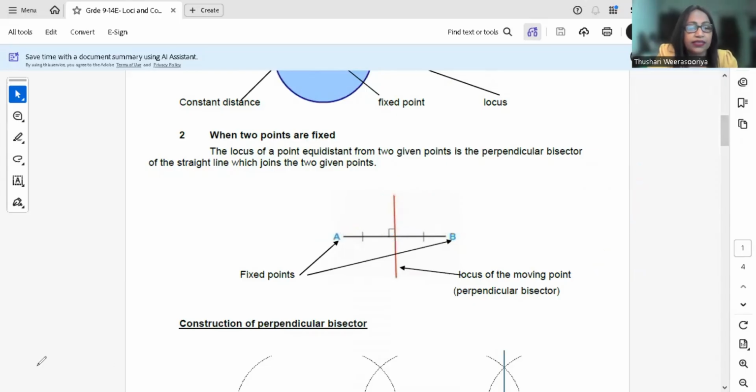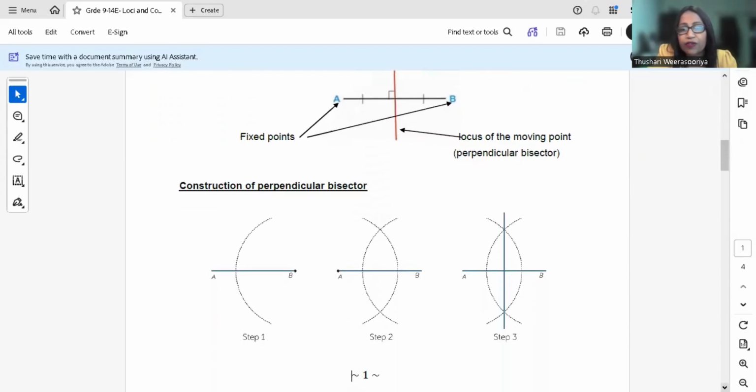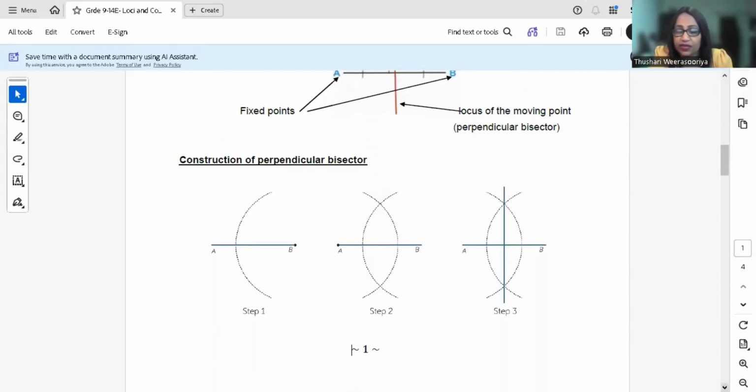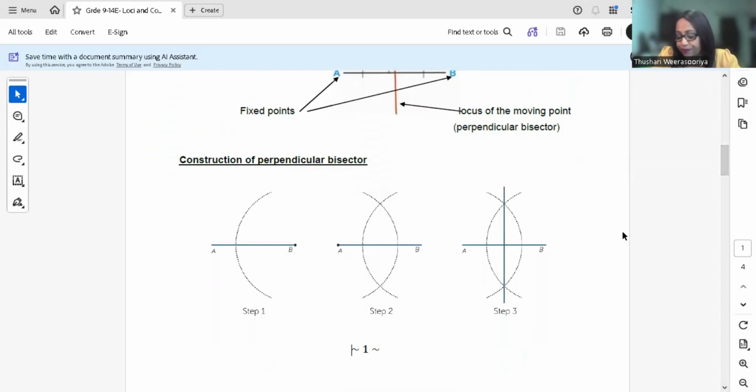Now we'll see how to construct it. Earlier also I explained, I'll explain it again. You must know how to construct the perpendicular bisector. It's like magic. In maths, you have a lot of magic. The first magic you learn is this: without measuring. I just draw a straight line and I want to divide it into two equal parts without measuring.